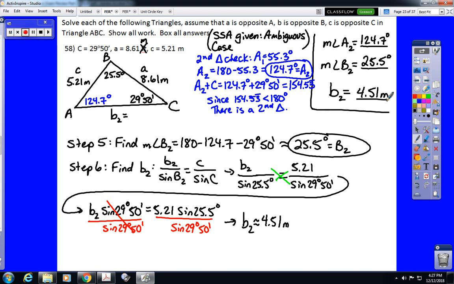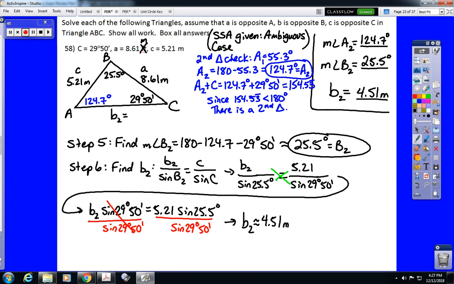So if this happens on the final, you would have to provide the answers to both triangles to receive full credit on the problem. That's the joy of the ambiguous case when we are given two sides and a non-included angle. So again, we have two separate answers.